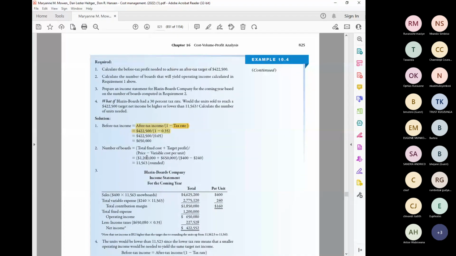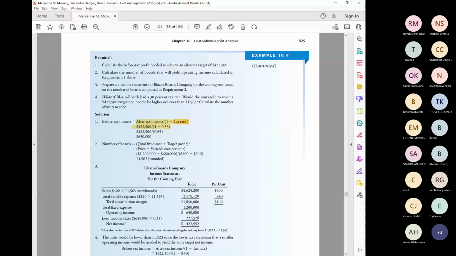Number 2, number of boards. They are found by saying total fixed cost plus target profit divided by price minus variable cost per unit.